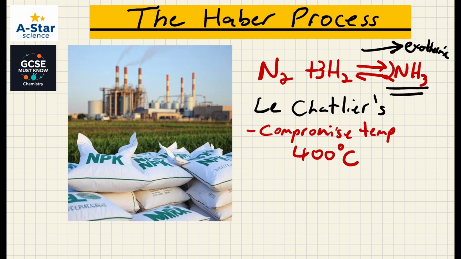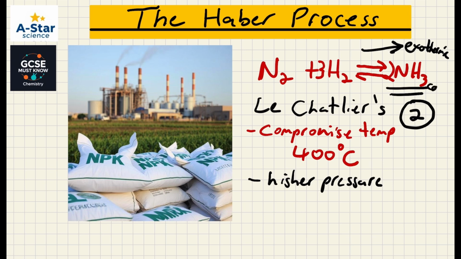We can also affect the rate of reaction with pressure. We know that the higher the pressure, the higher the rate of reaction. But Le Chatelier's principle applies, which says that in a reversible reaction, the higher the pressure will move it towards the side of the least moles. So in this case, we can see that on the right-hand side, there are 2 moles of gas, ammonia gas. Let's put our state symbols in.